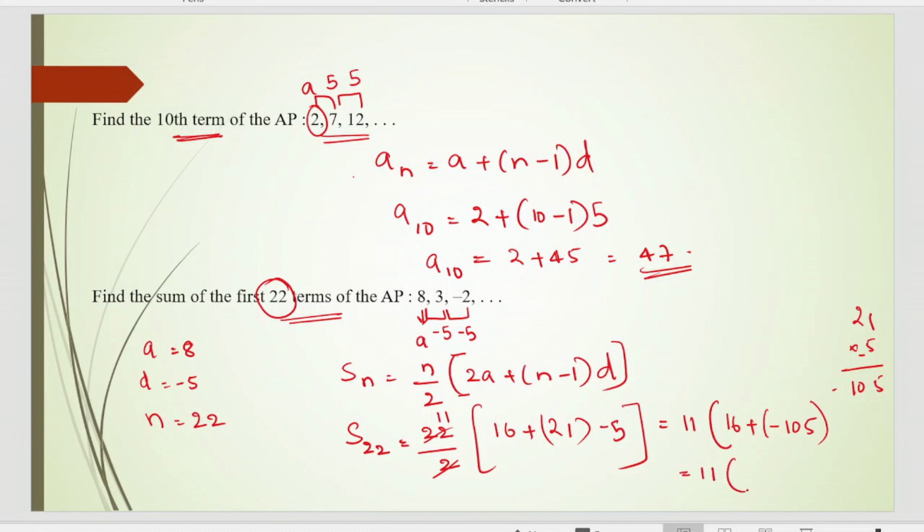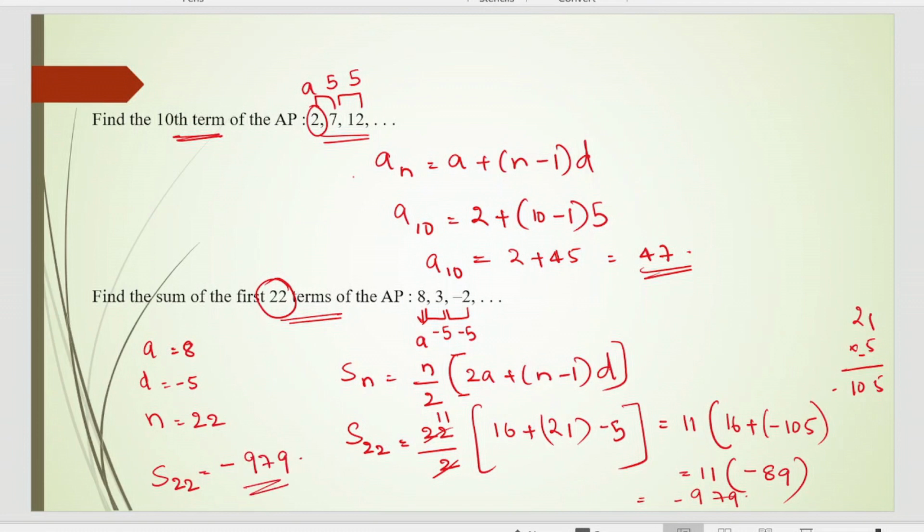So this is 16 minus 105 is minus 89. So 11 into minus 89 is minus 979. So the sum of the first 22 terms is nothing but minus 979.